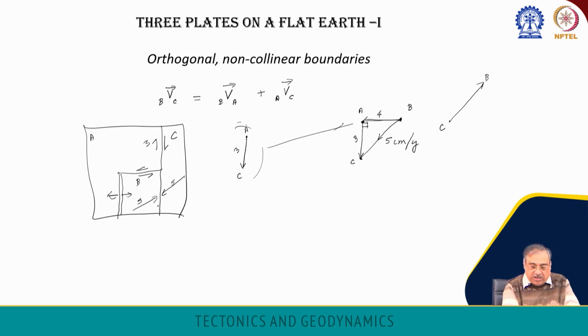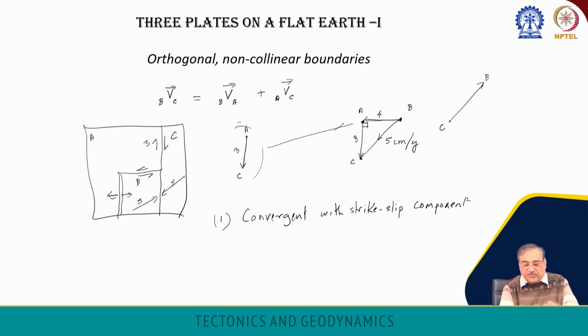So, first of all, it means that the nature of the plate boundary must be significantly convergent with strike slip component. That is for certain. It would be significantly convergent, but with a strike slip component.